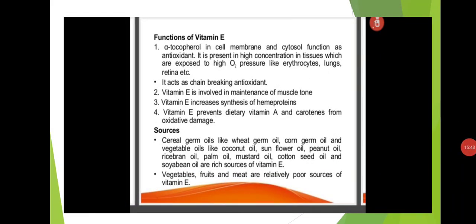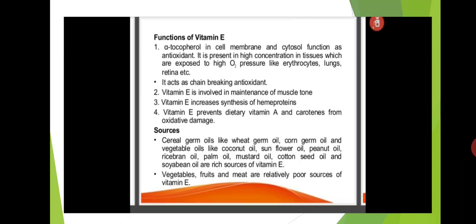Functions of vitamin E. Alpha tocopherol in cell membrane and cytosol functions as an antioxidant.